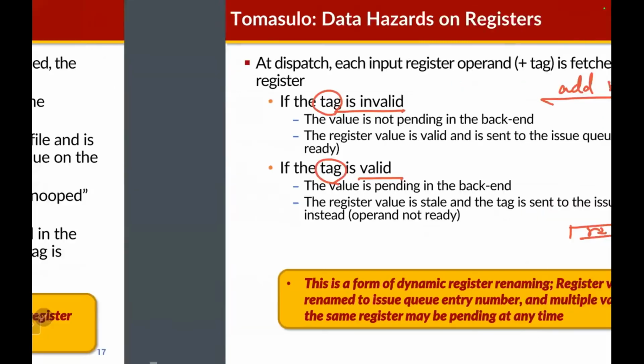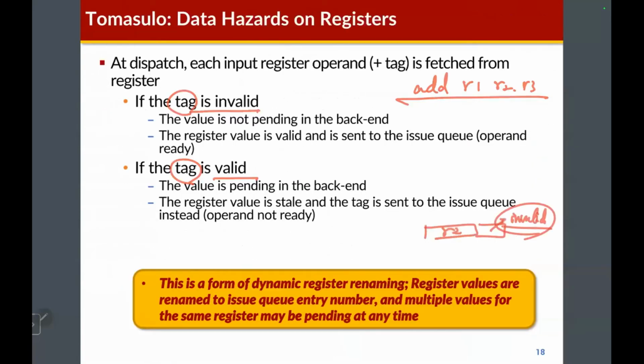Okay, I forgot to explain about R1, so this is the destination register. When this instruction is dispatched, R1 is here. So R1, the instruction is dispatched.